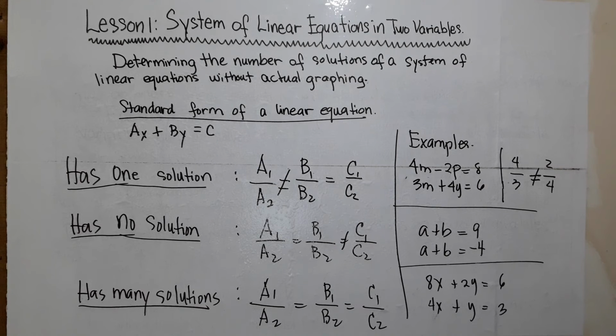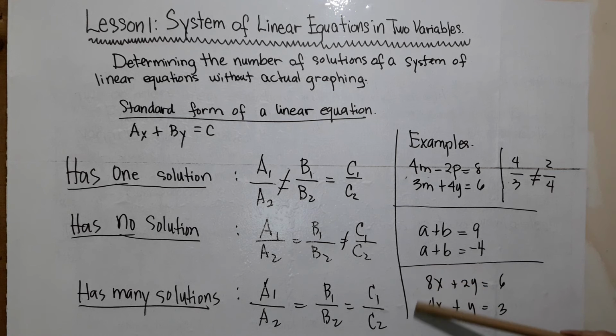What about if the ratio of the first terms, the ratio of the second terms, and the ratio of the third terms are equal? This simply means that there are many solutions expected in the system of linear equations. Look at the example.